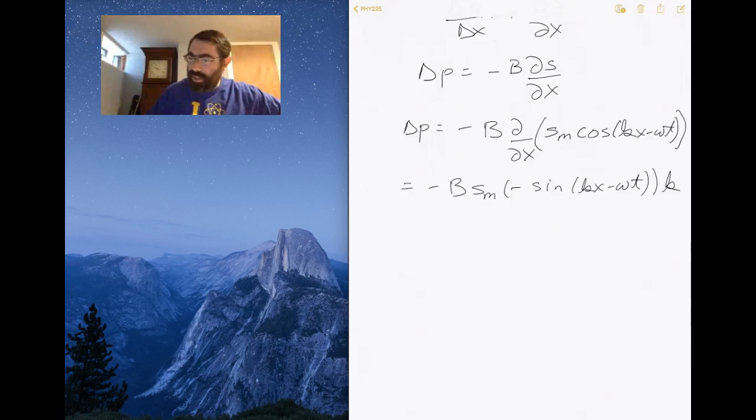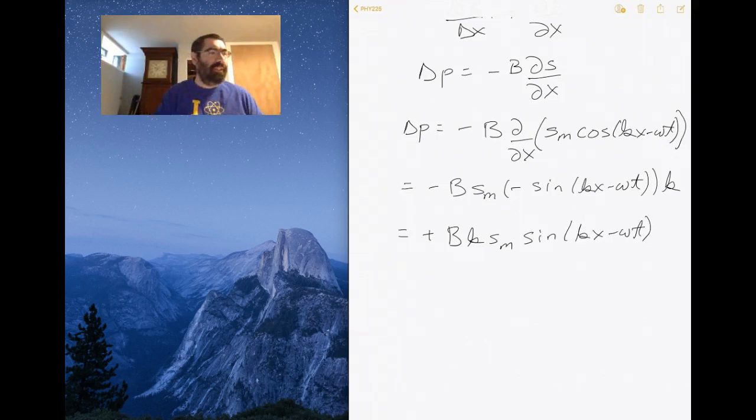So in the end, minus times a minus is plus: bulk modulus times the wave number times the total amplitude, and it gives me the sine of kx minus omega t.